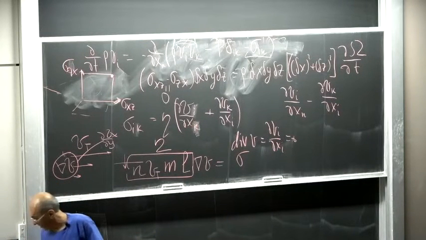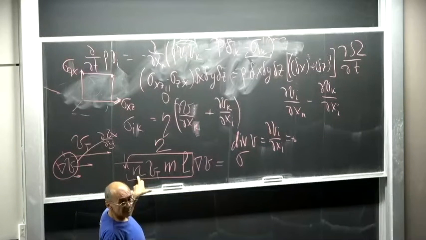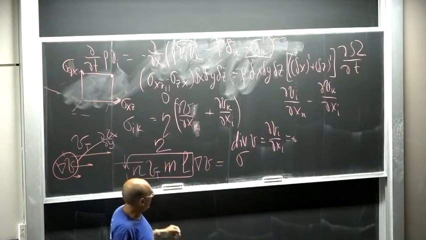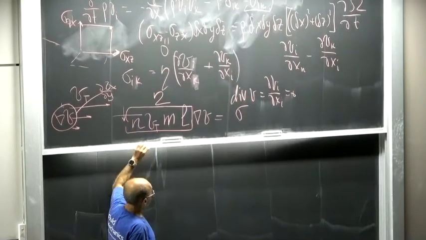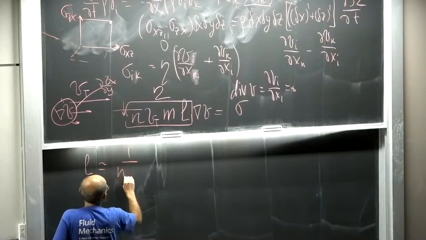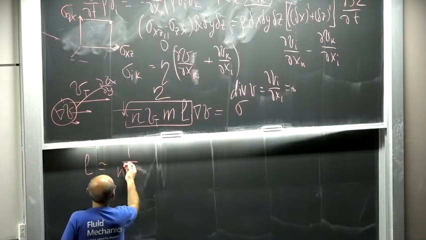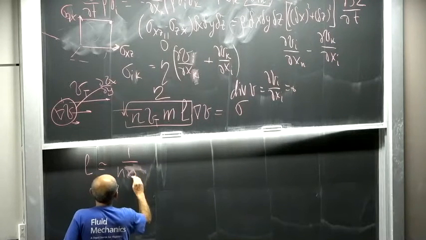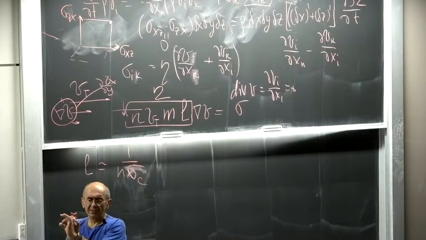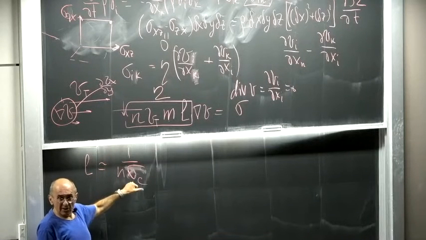Or in other words, you can say that m times n is rho. It's rho, thermal velocity, mean free path. For gases in particular, the mean free path is 1 over n sigma, where sigma is the cross-section. Every molecule has a cross-section of scattering, and the mean free path is usually 1 over concentration times this.